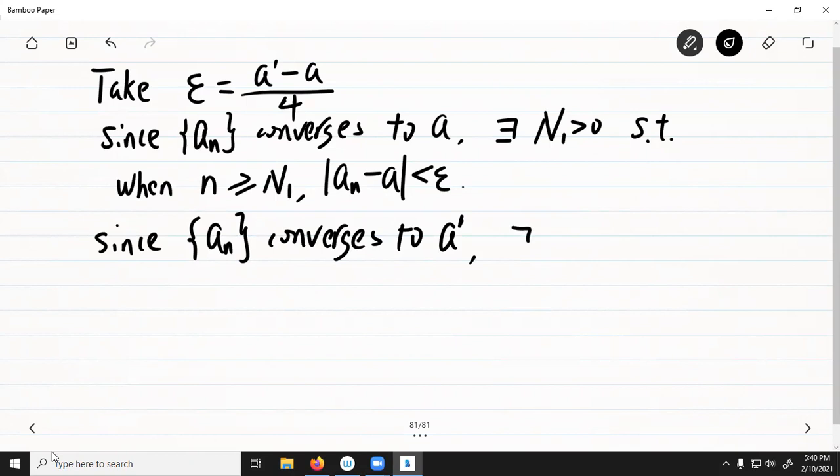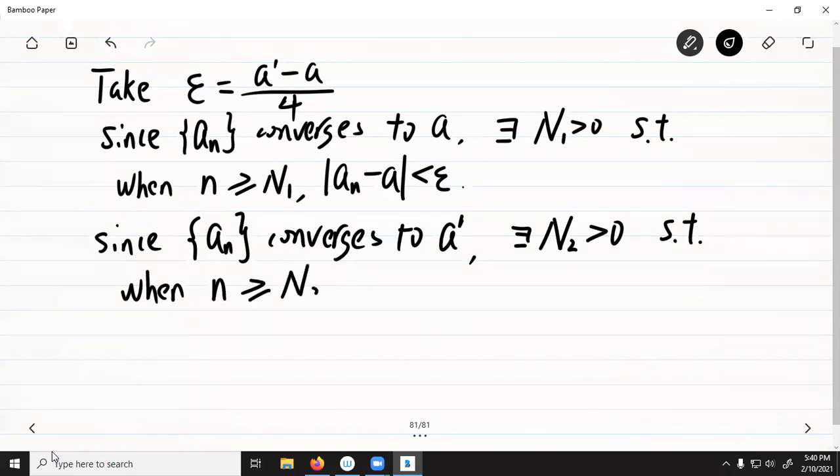This means we have another N, which we denote by capital N sub 2, greater than 0, such that when n is greater than or equal to capital N sub 2, a sub n minus A prime is less than epsilon. We still take this epsilon.